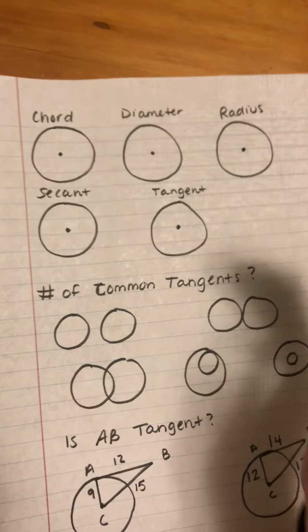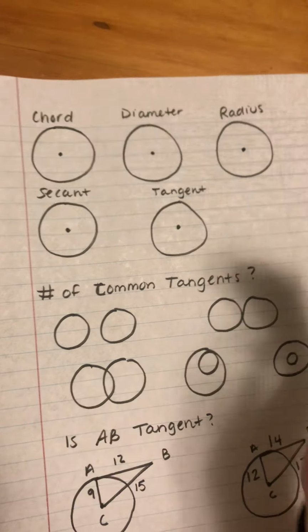In any diagram similar to these, where there's two separate circles, they'll always have four common tangents. If the circles are just touching at that one point, there will always be three common tangents, and the same goes for the bottom figures as well. So on this bottom one, we have two circles intersecting.